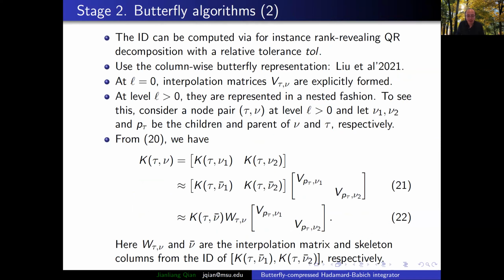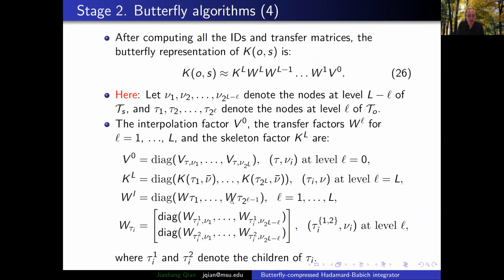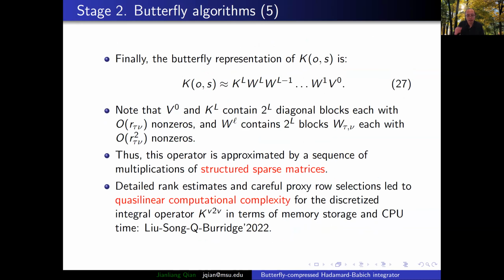Eventually we have a bunch of sparse matrices multiplied together. We know where the non-zero entries are located, so we can multiply them accordingly.